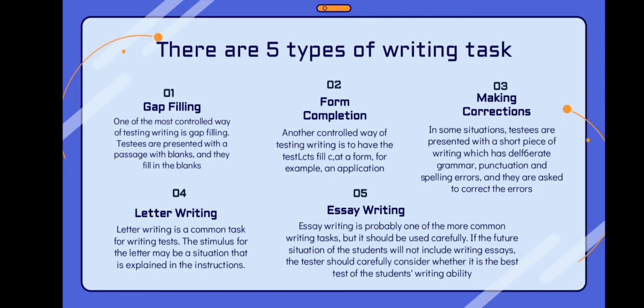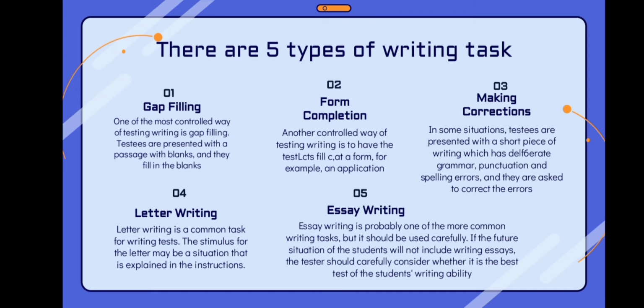While this task does relate to one thing that people do when they write, editing, and it is objectively correct, it does not represent the writing task as a whole. The fourth is letter writing. Letter writing is a common task for writing tests.